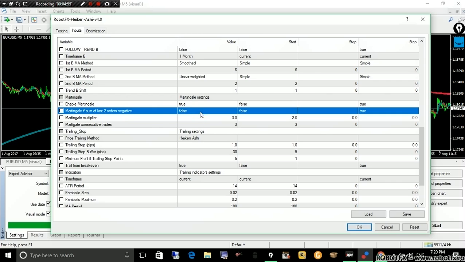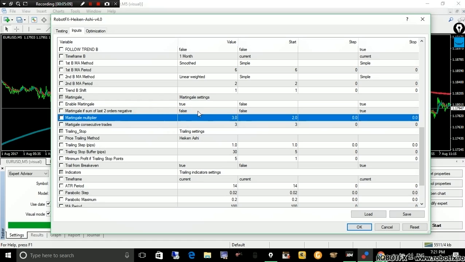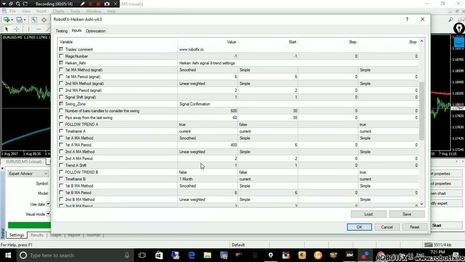Otherwise, I can set martingale if sum of last 2 orders negative to true, then the Expert Advisor will calculate the profit of the last two closed orders and then decide whether to martingale or not. I choose only one by setting this to false.